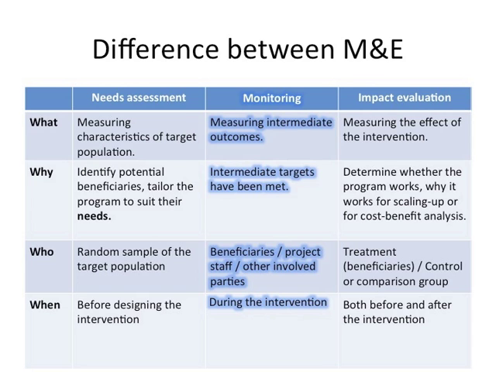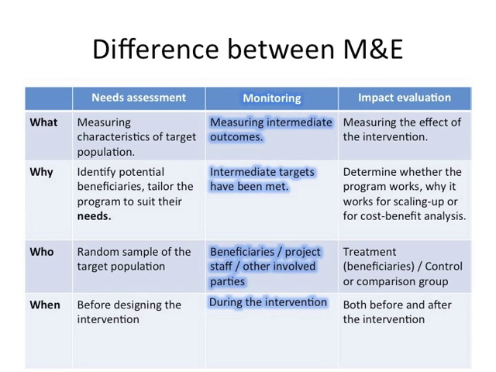While both monitoring and impact evaluations involve looking at the outcomes of a program, the purpose of doing so is quite different. Monitoring efforts seek to assess intermediate outcomes. For example, ensuring that the goods and services that are supposed to reach clients are actually reaching clients, and that the project timeline is being followed.